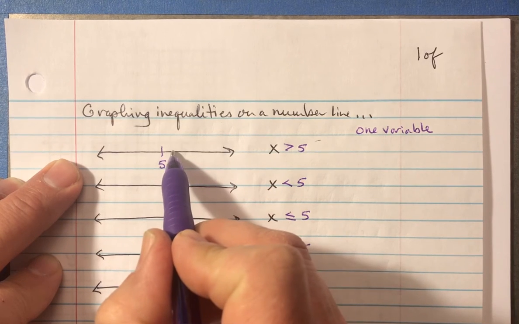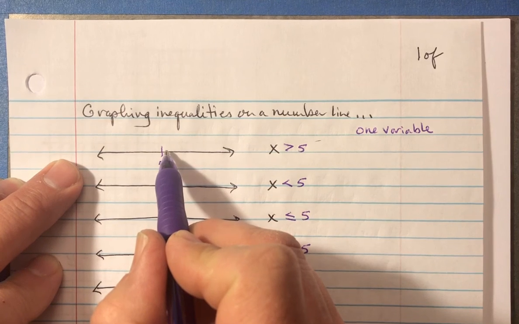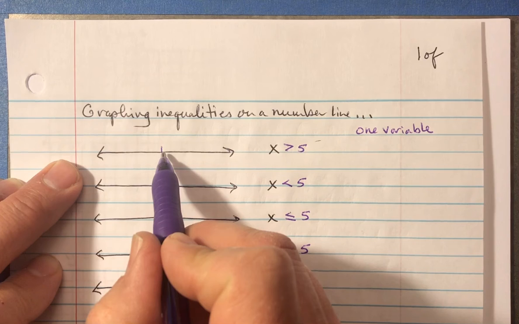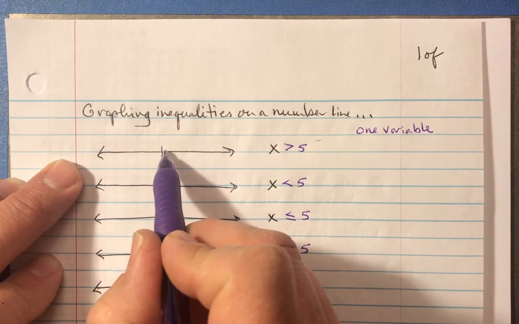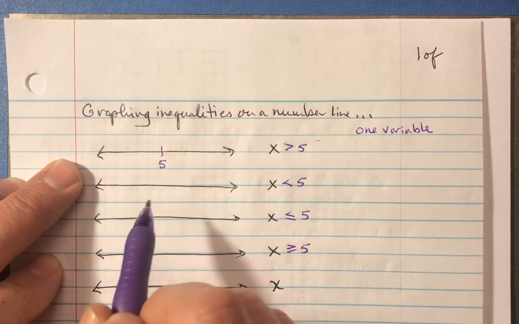But also, as we get closer and closer to 5, it might be 5.1 or 5.01 or 5.001. But we had to guarantee that our x value was greater than 5.